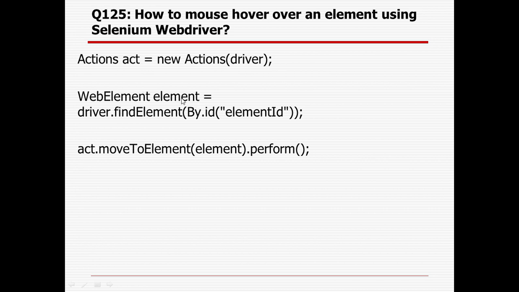Then you need to create an object or instance for the WebElement, driver.findElement by id, the element id reference. Then using the Actions class object you need to moveToElement, provide the element, and then dot perform, so that the operation will be performed and the mouse over will be successful for the element. That's how you can click a particular element using the mouse over.